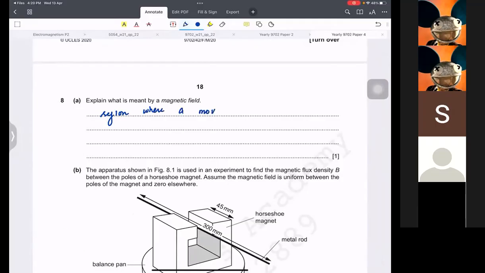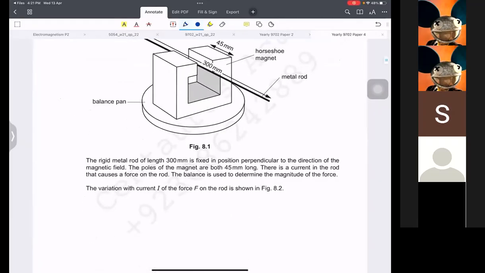You can write another magnet, current carrying conductor.